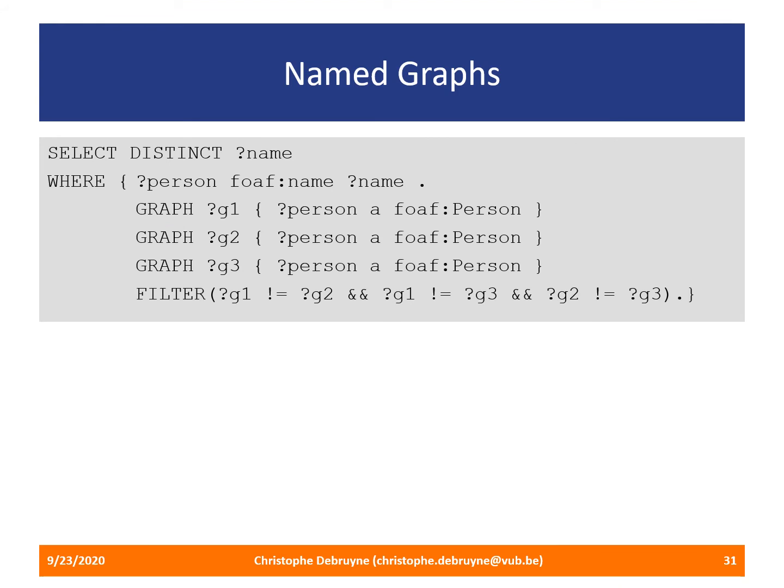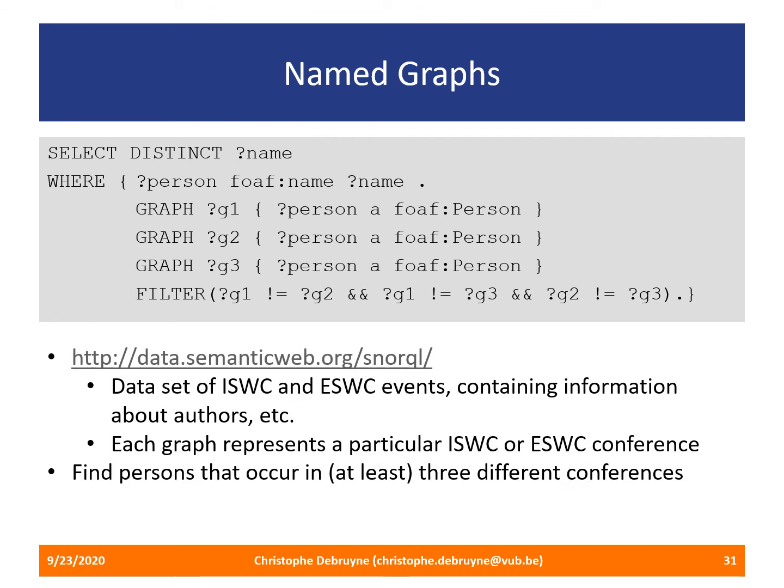We already discussed that SPARQL is a query language to query RDF datasets. That means that triples are organized into graphs. There's the so-called unnamed or default graph, and the other graphs are so-called named graphs. They are identified by a URI. In this particular example, we are querying from a particular dataset all the people that have appeared in at least 3 different conferences.